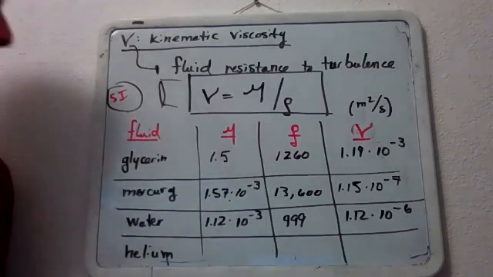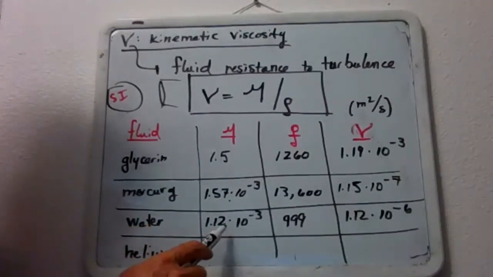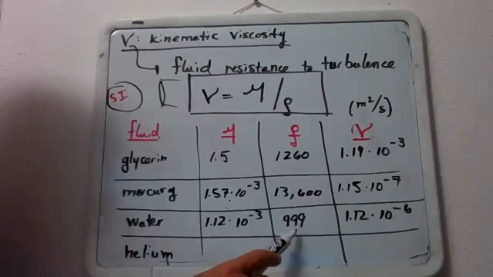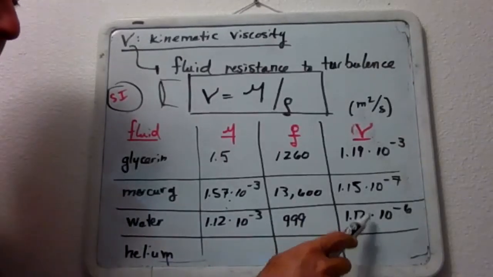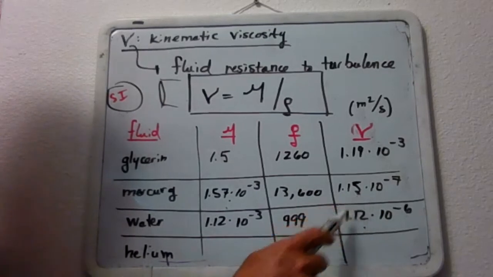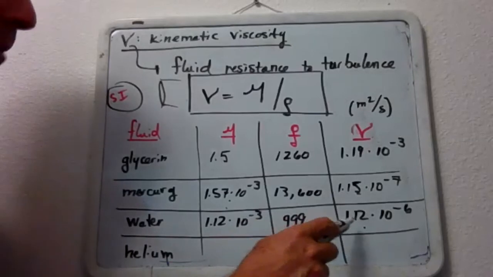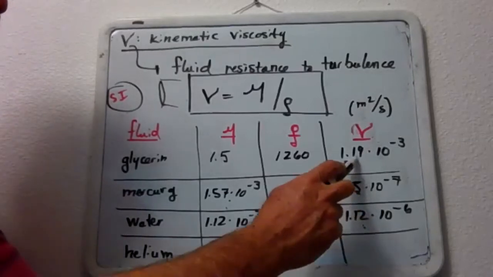It's kind of interesting. Okay, how about water? Where does it fall on the scale? Well, its viscosity is really similar to mercury, but it is much, much less dense. So as a consequence, this number right here is bigger than that number there. And water has more resistance to turbulence than mercury. How about compared to glycerin? Well, this is a very small number compared to glycerin.